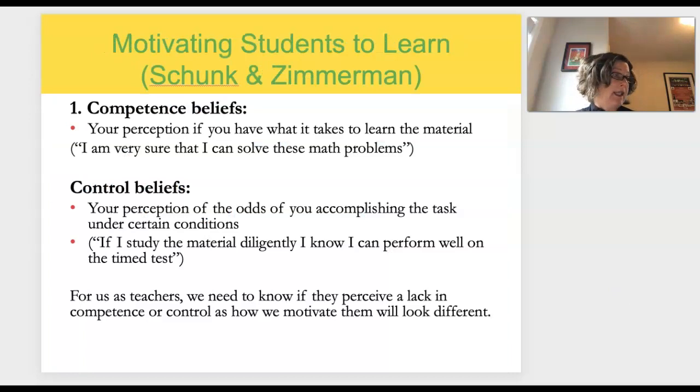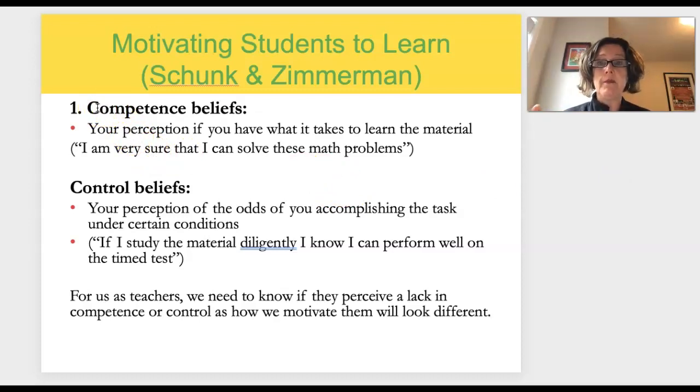Okay, let's now look at this. Shunk and Zimmerman are another couple of researchers that have specifically taken Weiner's attribution theory and plunked it into a school situation. Basically here, they're saying that there are competence beliefs.